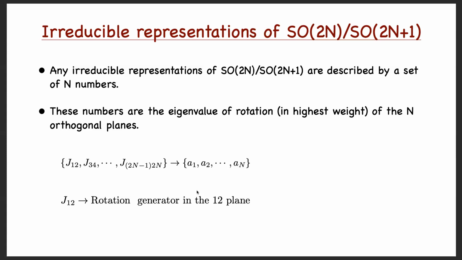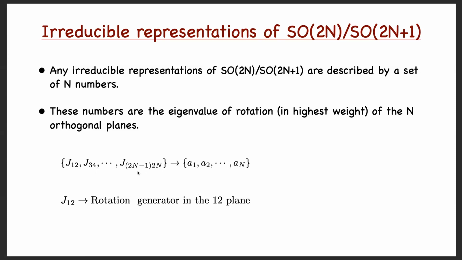From there you can see that for SO(3), n equals 1 and you have only one number. And this number you can think of as an element of your rotation generator.